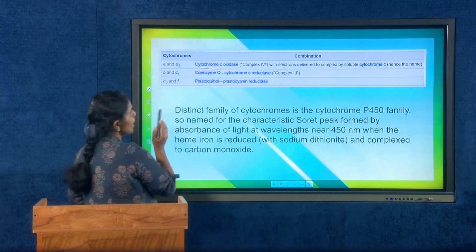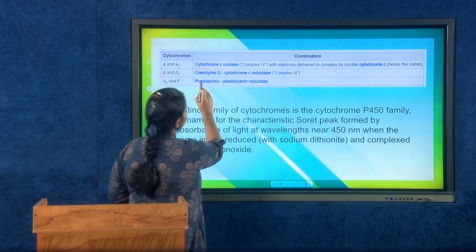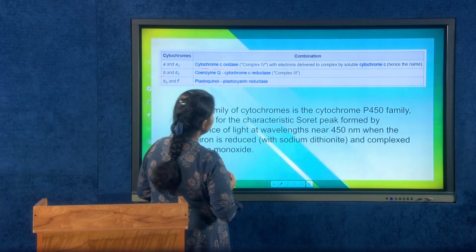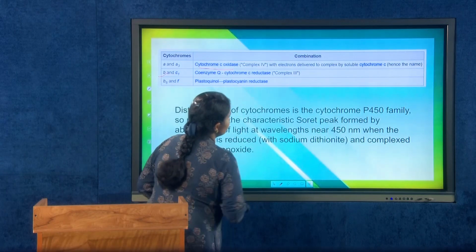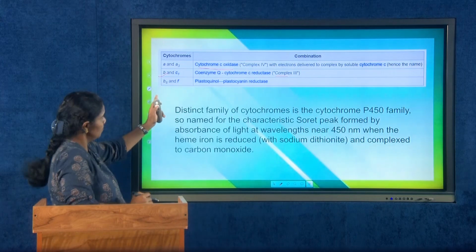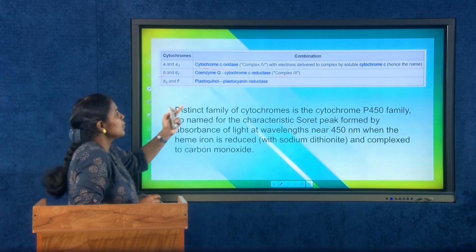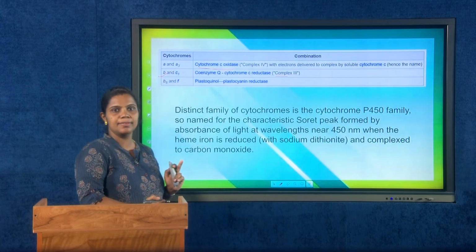Cytochrome B and cytochrome C1 combine to form coenzyme Q cytochrome C reductase, which is known as complex 3. Similarly, cytochrome B6 and cytochrome F combine to form the plastoquinol plastocyanin reductase.